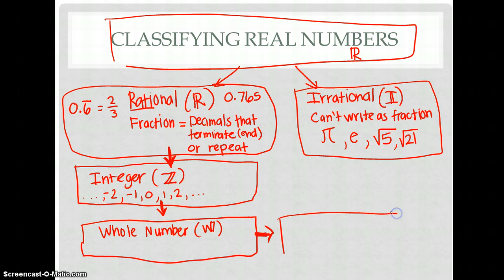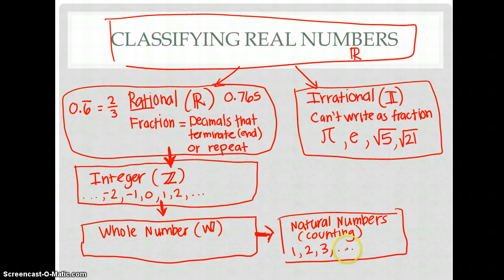The smallest group is called natural numbers. Natural numbers are the numbers you count with. Sometimes they're called counting numbers. So they include 1, 2, 3, everything you're going to count your way up with. Whole numbers include all the natural numbers, but then stick 0 in that group as well.